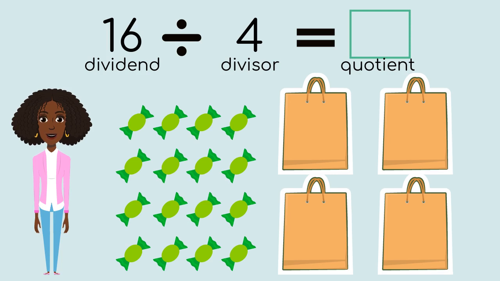Now it's time to find our answer. What are we going to do to find out what 16 divided by 4 is? That's right. We are going to put 1 candy in a bag one at a time until there are 0 candies left.